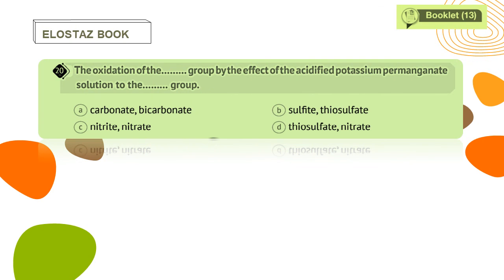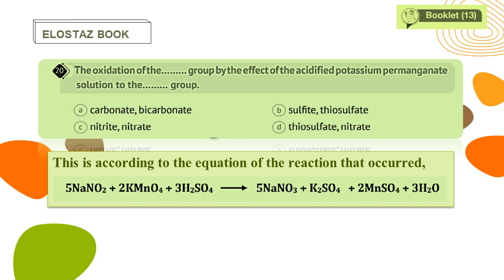Question 20 is the last question of our booklet. We have oxidation of what group, by the effect of acidified potassium permanganate solution? Okay, the oxidation here: acidified potassium permanganate will affect, according to the reaction, sodium nitrite.